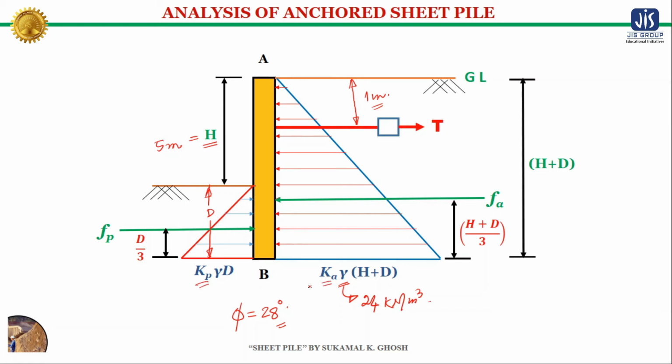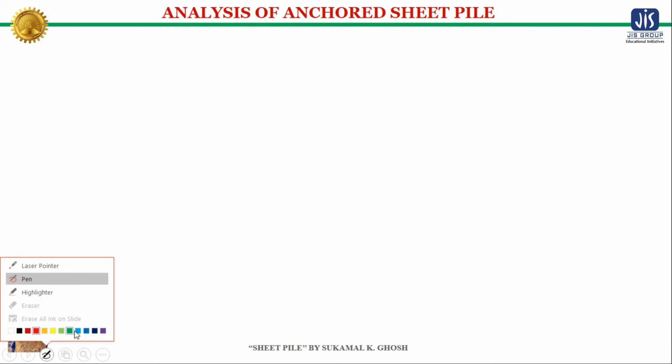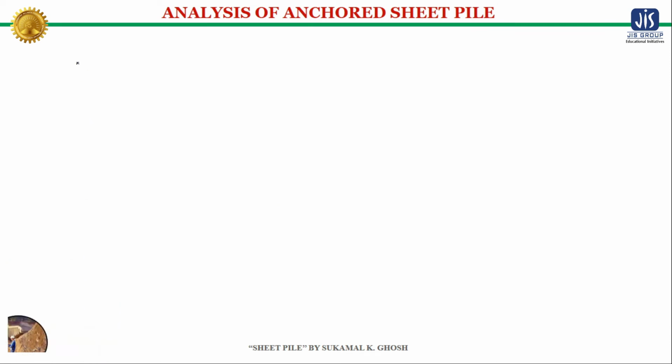We can calculate them using the value of phi. Ka is equal to 1 minus sin phi divided by 1 plus sin phi. So it will be 1 minus sin 28 degrees divided by 1 plus sin 28 degrees. If you solve it, you will have 0.361.